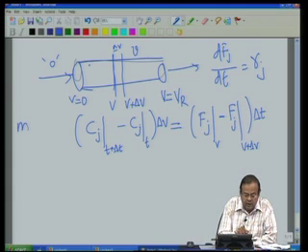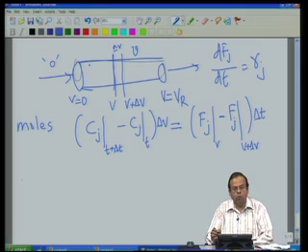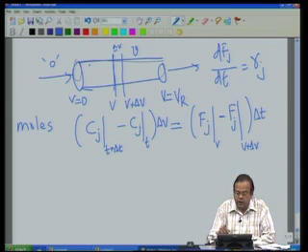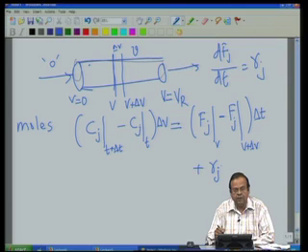Remember, we are writing balance for mass, so everything has to be in terms of moles. So, this is what is coming in, Fj at volume V minus Fj at V plus delta V, into time interval delta t, that short time interval, is what is coming in and out, plus let us say the rate of generation of species is Rj.